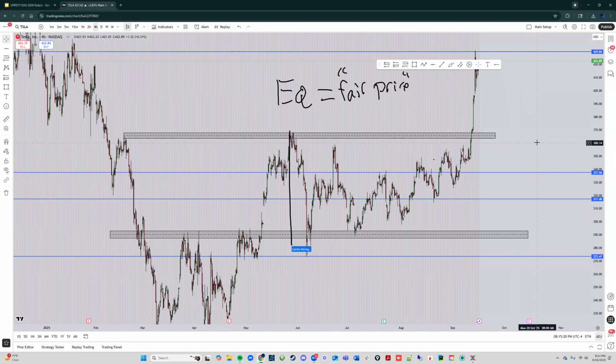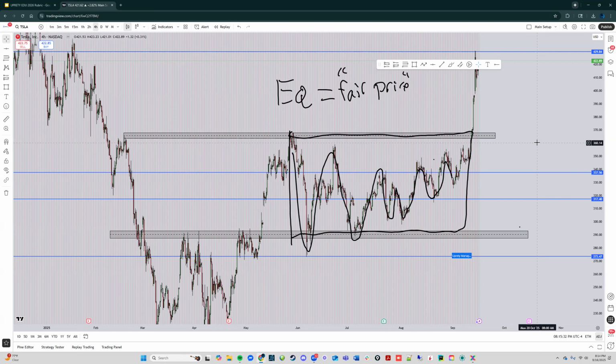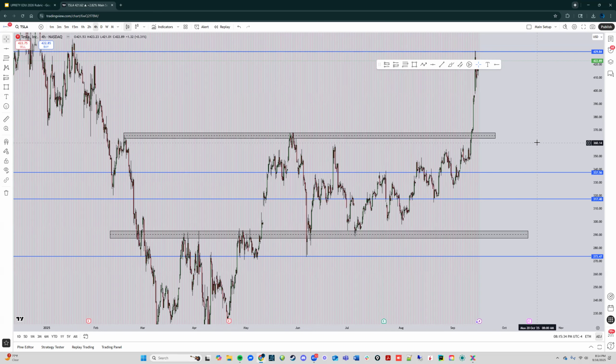So between these two zones, you guys see how choppy it is. Yes, we're on a bigger time frame, so we wouldn't technically count this as chop because we are getting very good movement. But you see how we're not able to really make market structure. We're just kind of all over the place. Price action looks like this. This is equilibrium. This is imbalance. This is equilibrium.